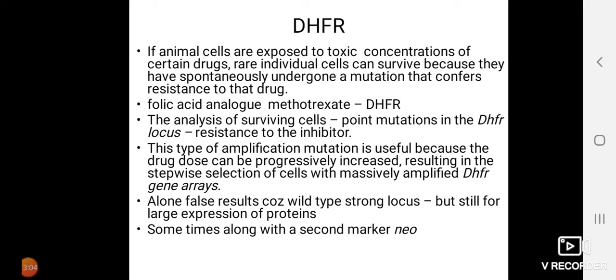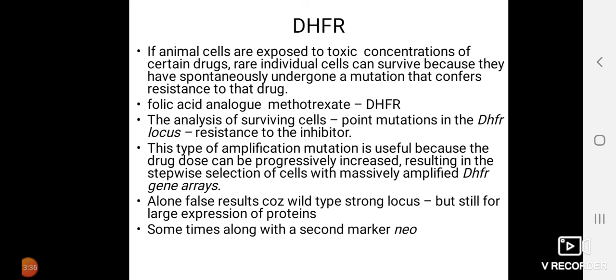This type of amplification of mutation is very useful, because the drug dose can be progressively increased, resulting in stepwise selection of cells with massively amplified DHFR gene arrays. Alone it can give false results because of wild-type strong loci, but still for large expression of proteins people use DHFR as a marker gene.